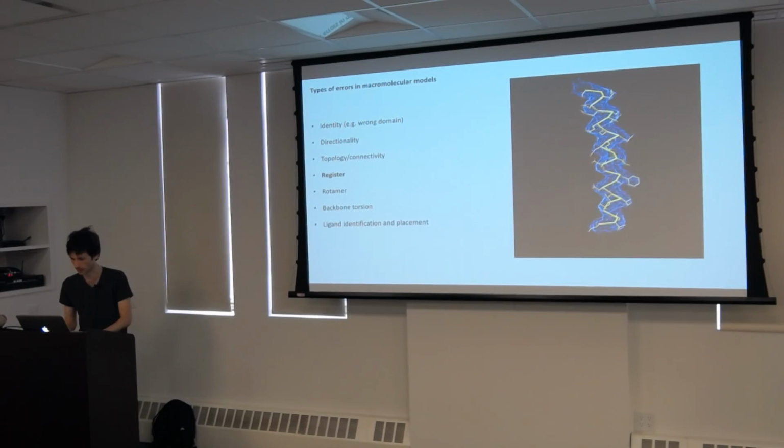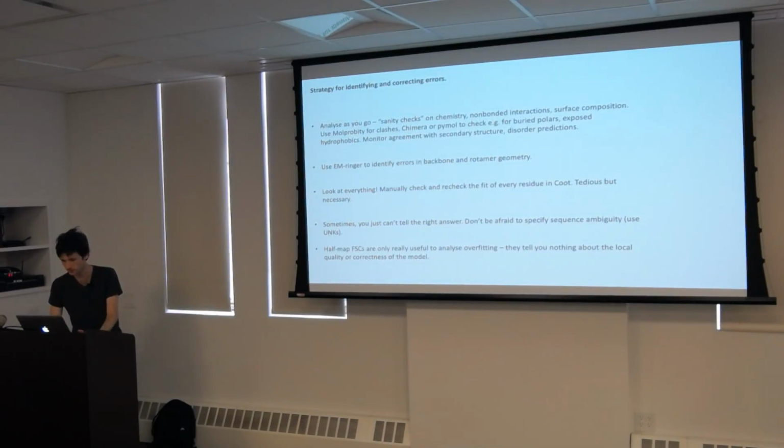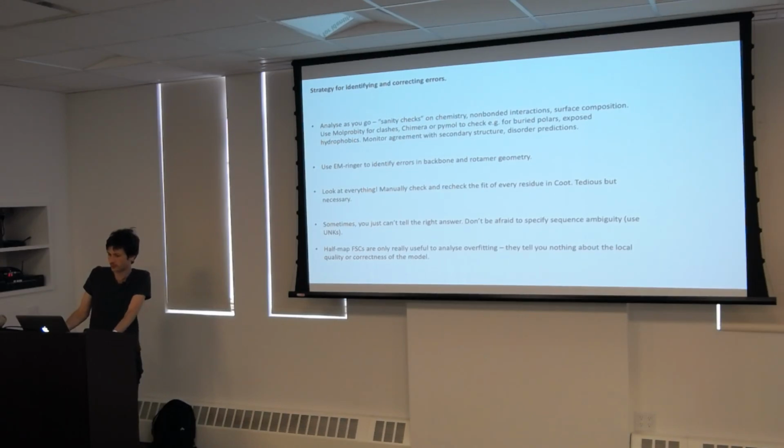All right, so how do we deal with these or correct them? So there's no really simple, clean, foolproof way to avoid errors. I would just say to be really careful to analyze absolutely everything as you go.